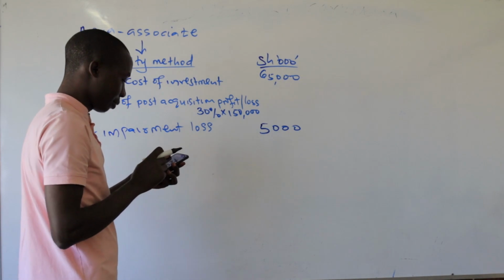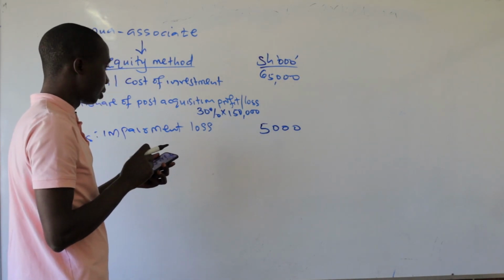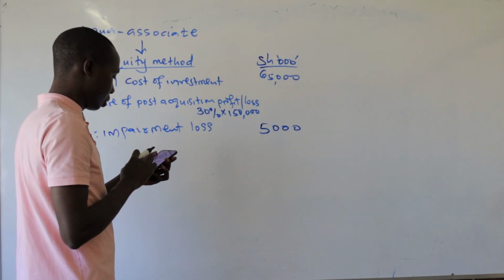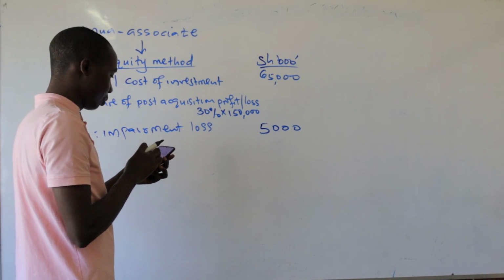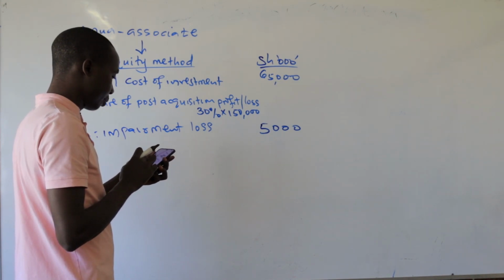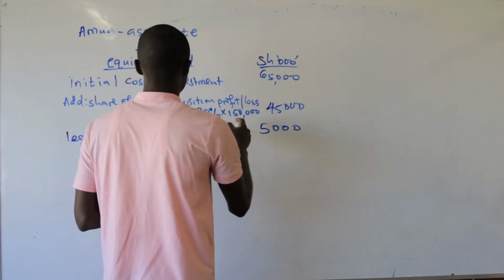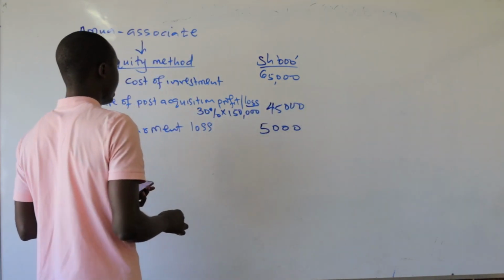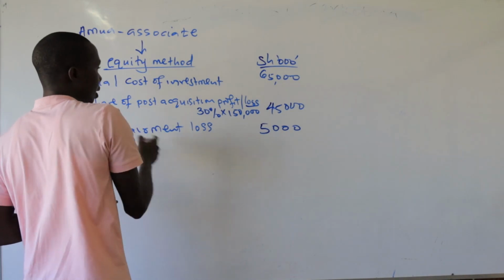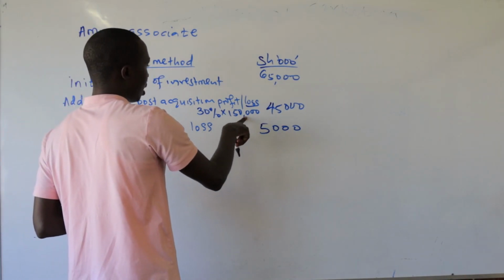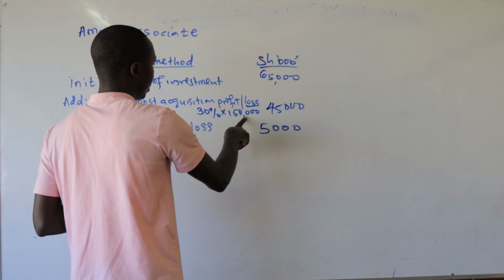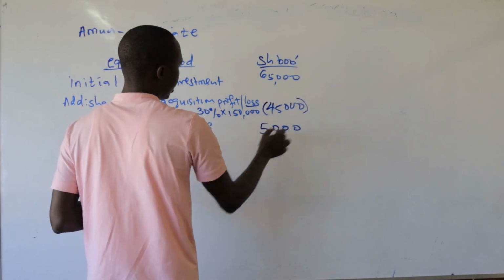So let's check the answer. That is 0.3 times 150,000, so this is 45,000. Since the 150,000 was a loss, I will not be able to add, but I will deduct this one.